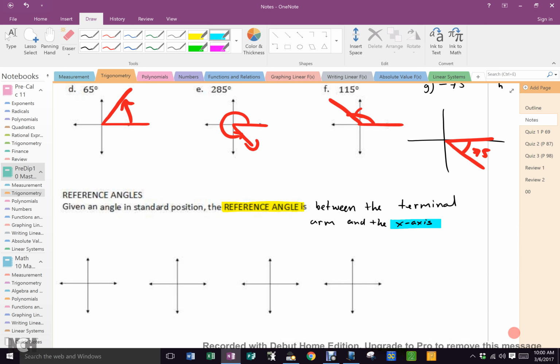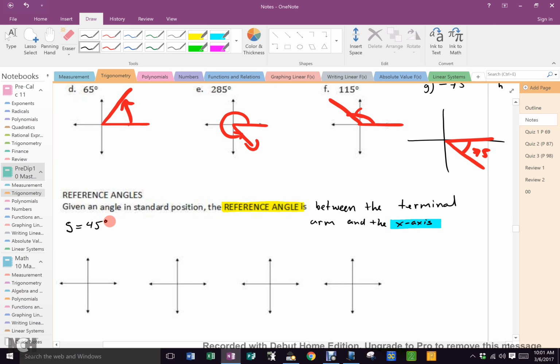So we're going to do 4 examples. So you notice I haven't given you any numbers yet. Yes? Okay, we're going to do 4. The first one we're going to do is an easy one. I'm going to give you a standard angle in black. You're going to draw it on here. Okay? 45.